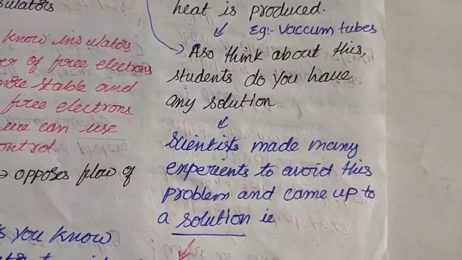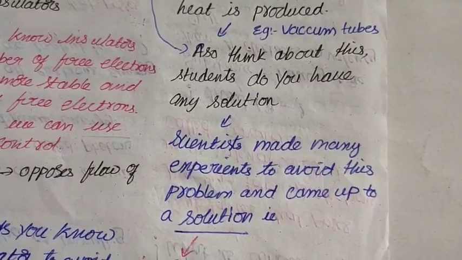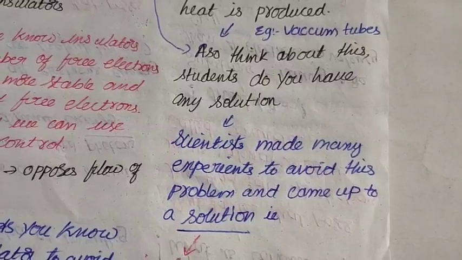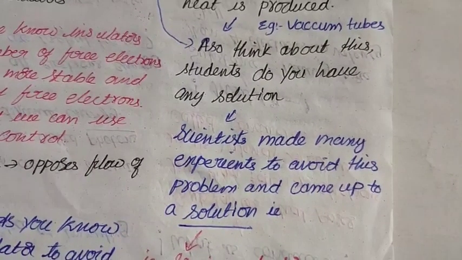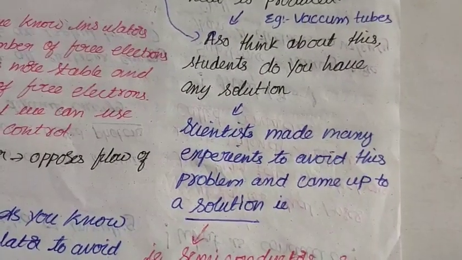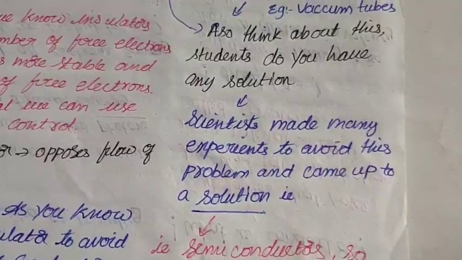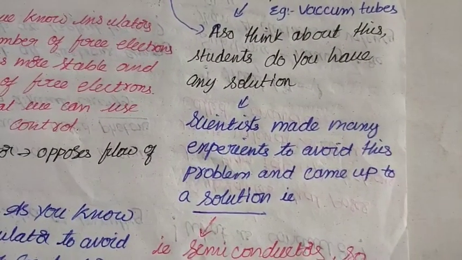Also think about this problem, students. Do you have any solution to avoid the problem of heating up? As I already said, the transistor. But what is a transistor made of? Scientists made many experiments to avoid this problem and came up with a solution.